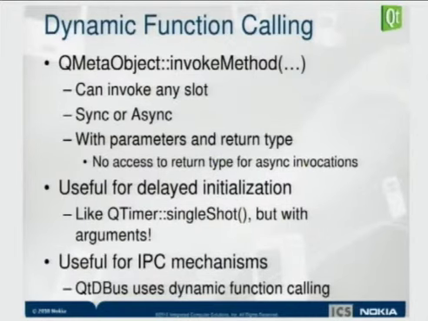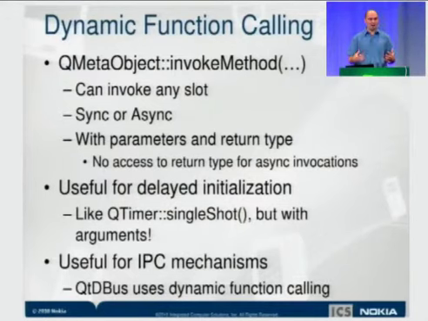It's called invoke method. It's static. And you can invoke any slot. You can invoke it synchronously or asynchronously. You can pass parameters and get a return type out of it. Of course, if you execute your function asynchronously, you're not going to get the return type back.